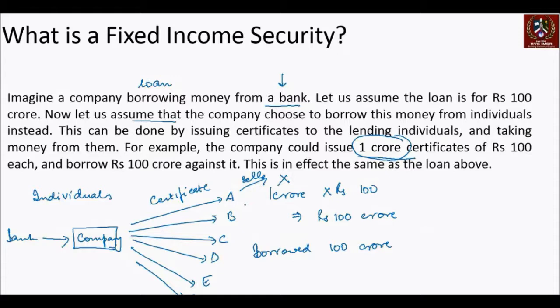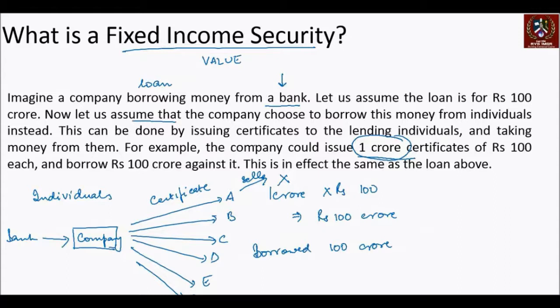And because A can sell it to X, there has to be a mechanism to find the value of this. What will X pay to A? What is the value that has to be paid by investor X to investor A? That has to be clearly determined by using certain mechanisms. That is where valuation of a fixed income security becomes important.